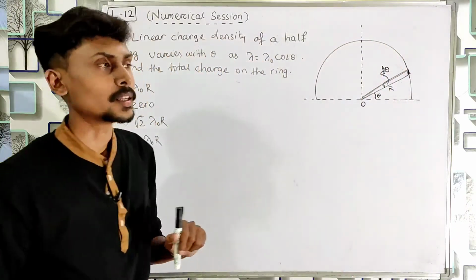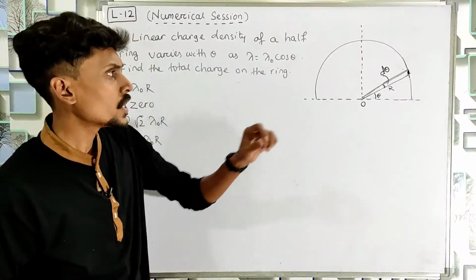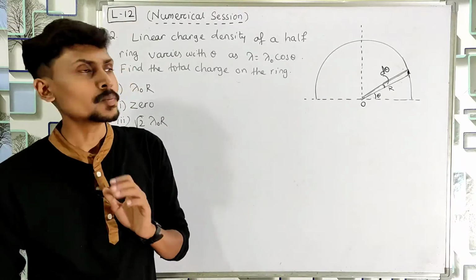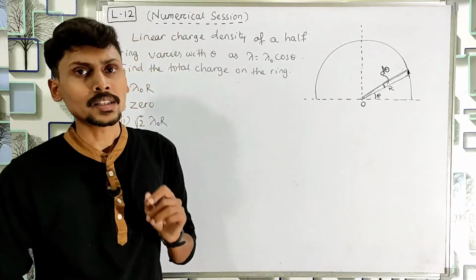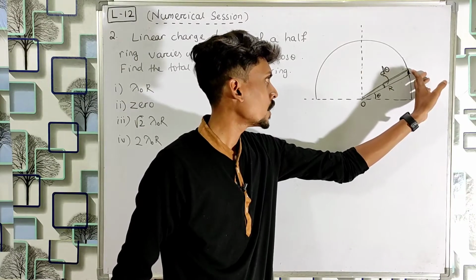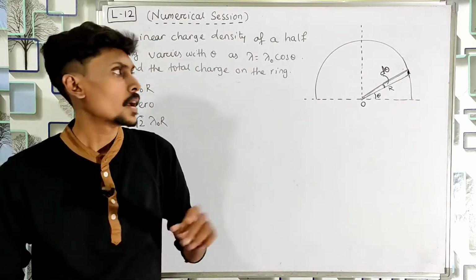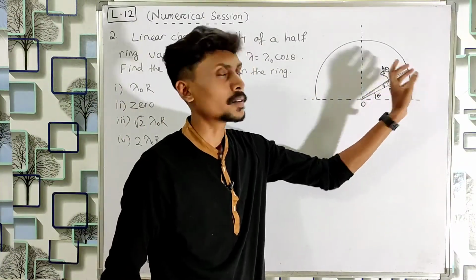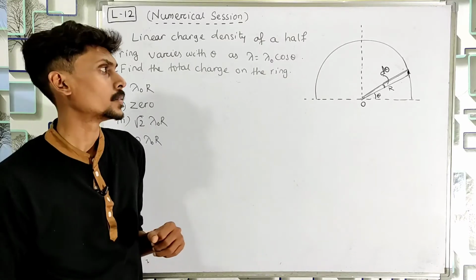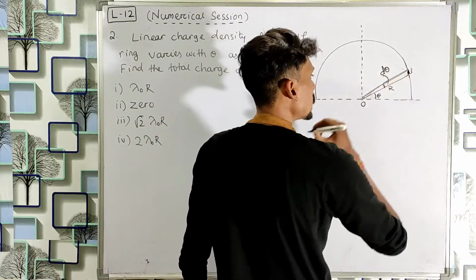So if d theta is very small, meaning the thickness of the element is very small, we can assume that the linear charge density is almost the same at every point on this element, and that's why we have chosen a very small element.